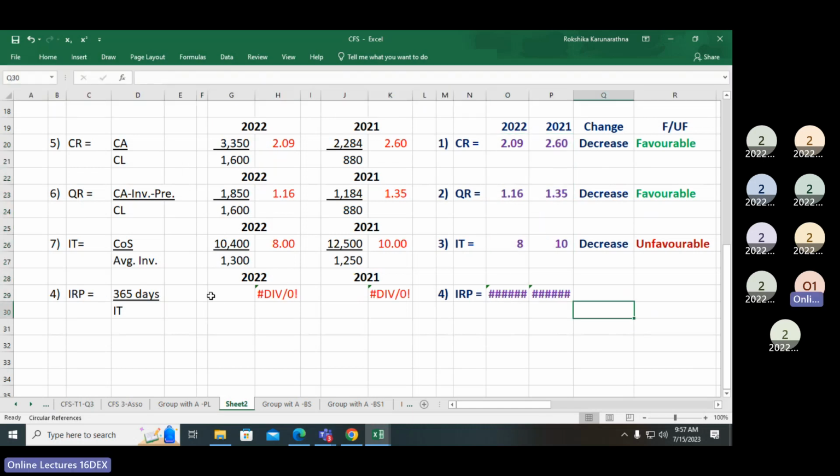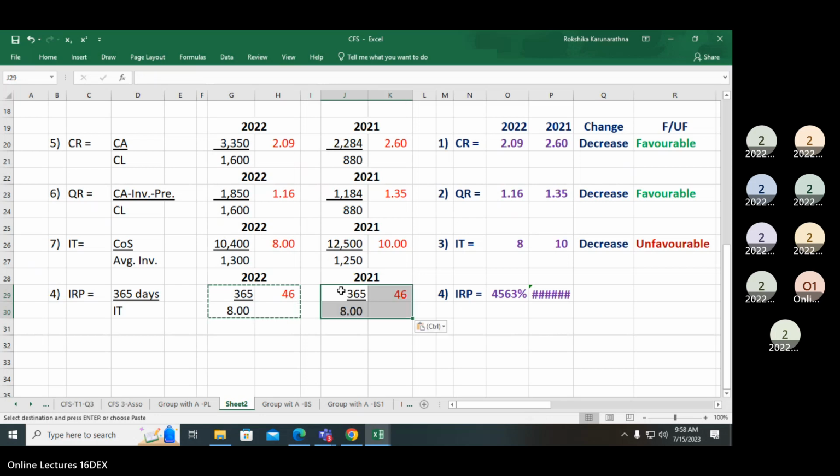Then inventory resident period, you take 365 divide by this inventory turnover already calculated. So 365 divide by this, 46. Last year 37.